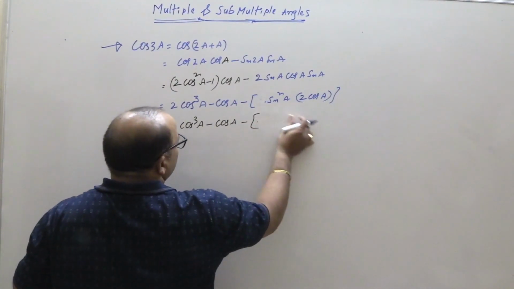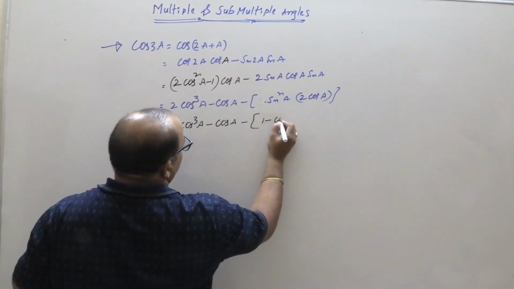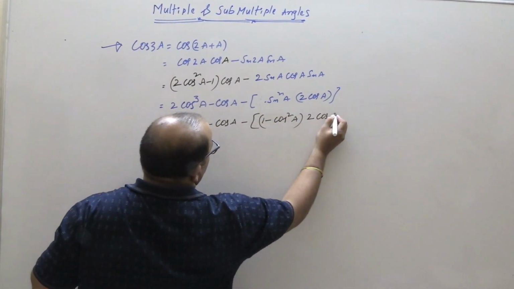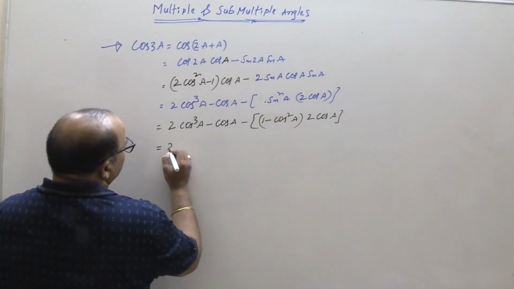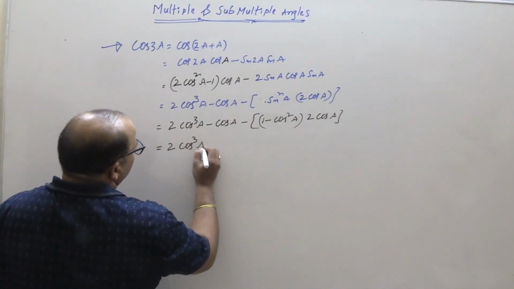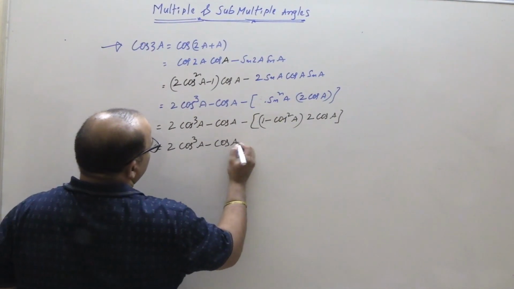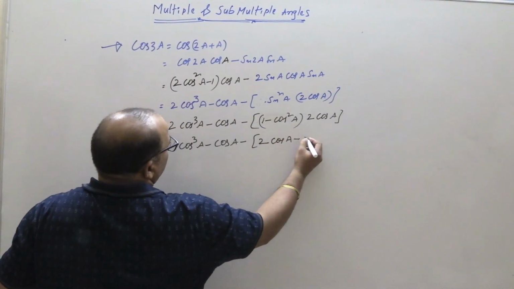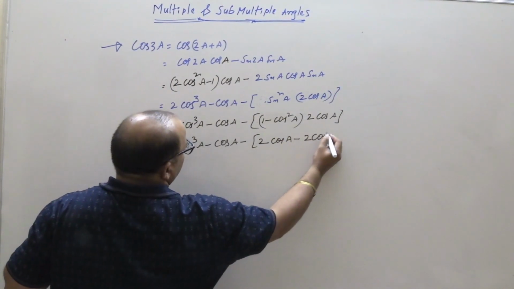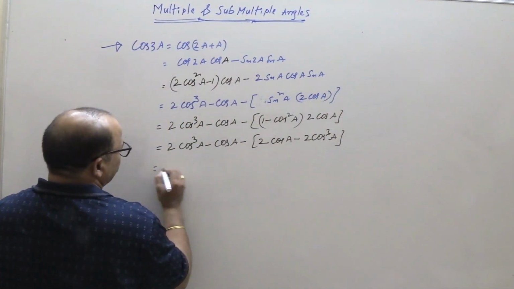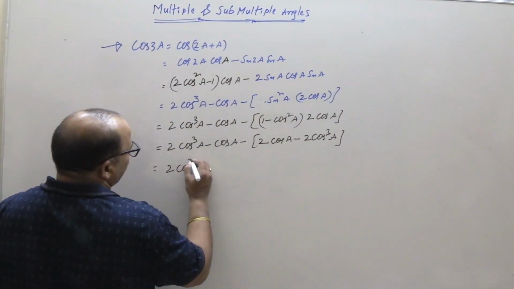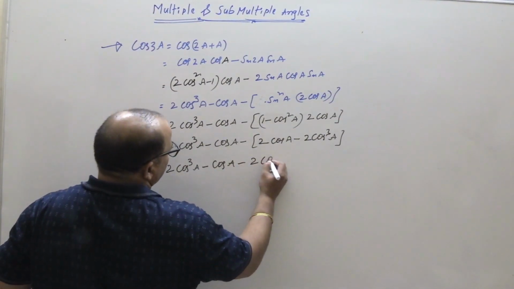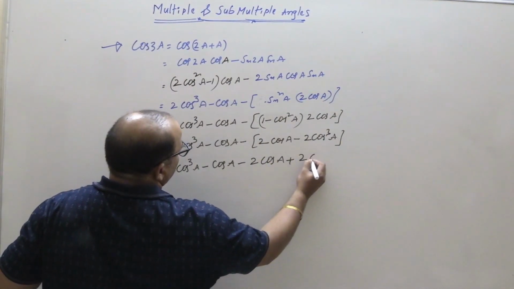Sin square a can be written as 1 minus cos square a, so 1 minus cos square a, 2 cos a. 2 cos cube a minus cos a minus 2 cos a plus 2 cos cube a.